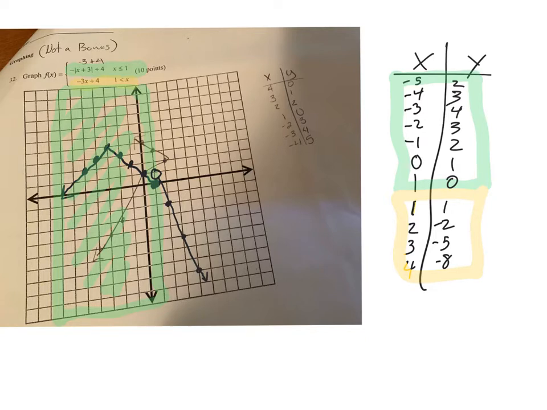Now let's go back and look at all this. See how this makes sense. So I'm going to highlight this side, because this is the yellow side. Remember, this is an absolute value function, and its vertex is at -3, 4. Let's look. We had a point at -3, 4, didn't we?